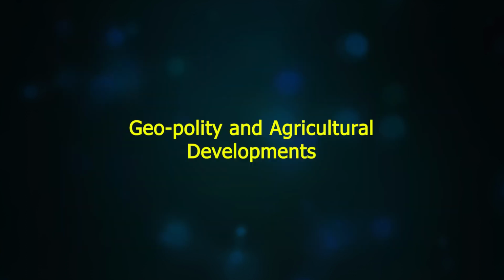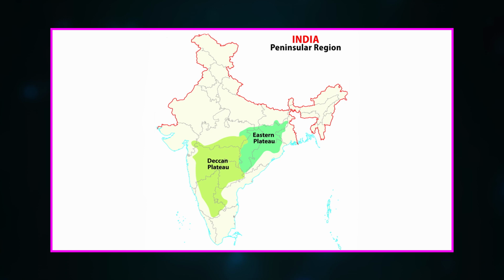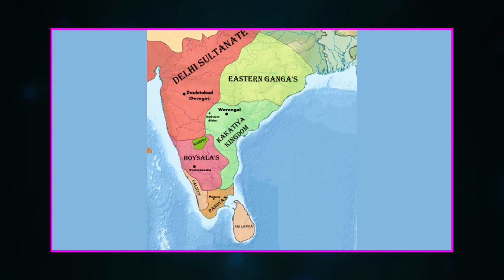Geopolity and agricultural developments. The geopolitical context of important dynasties in the early medieval centuries provides useful insight into agrarian specificities in peninsular India. The core region of the Hoysala and the Kakatiya dynasty, located in the modern districts of Hassan and Warangal respectively, recorded low rainfall, 30 inches per year, that depended on the generation of royal revenue.